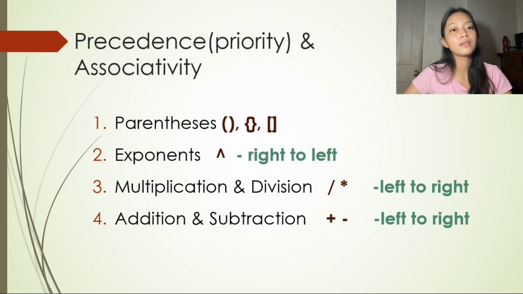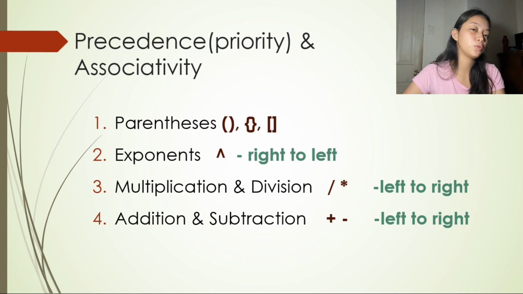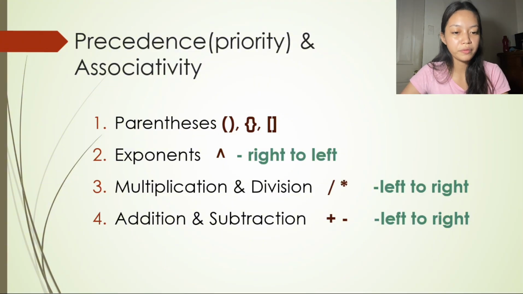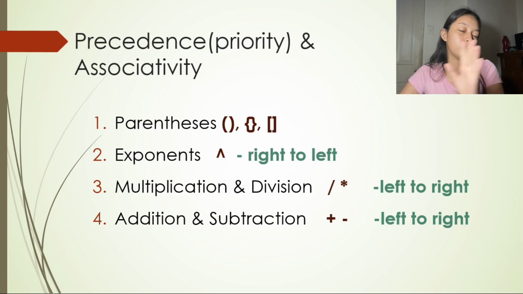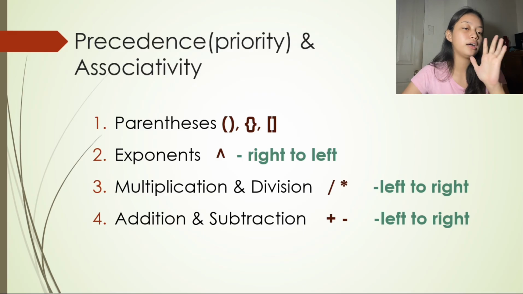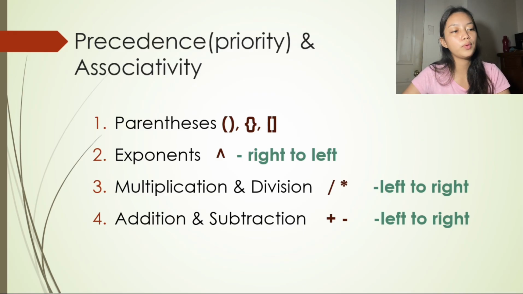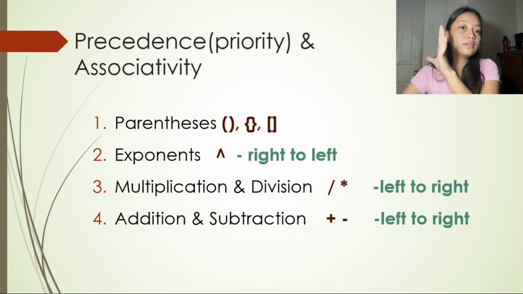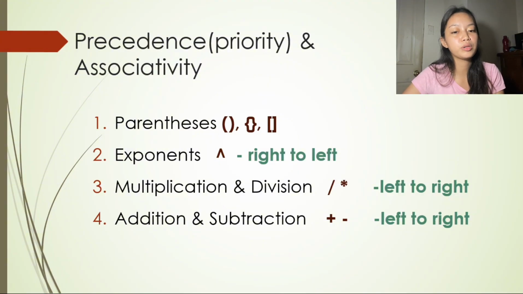So if the division comes first, followed by multiplication, you solve the one on the left first, which is the division, then the multiplication. Vice versa, if the multiplication comes first on the left and the division follows, you solve the multiplication first, followed by division. That's the associativity for multiplication and division.